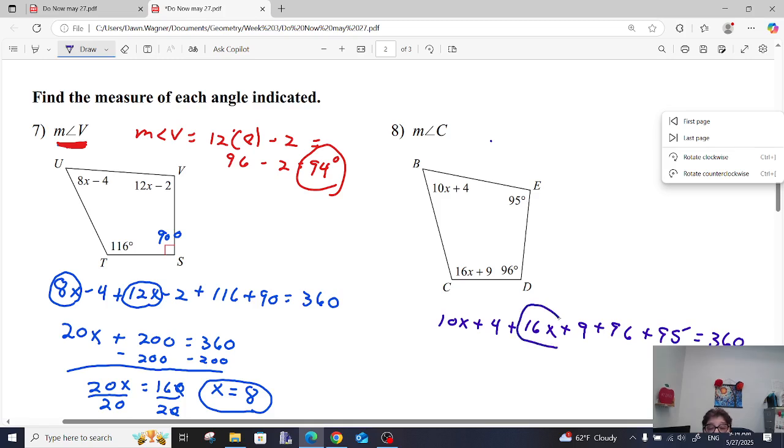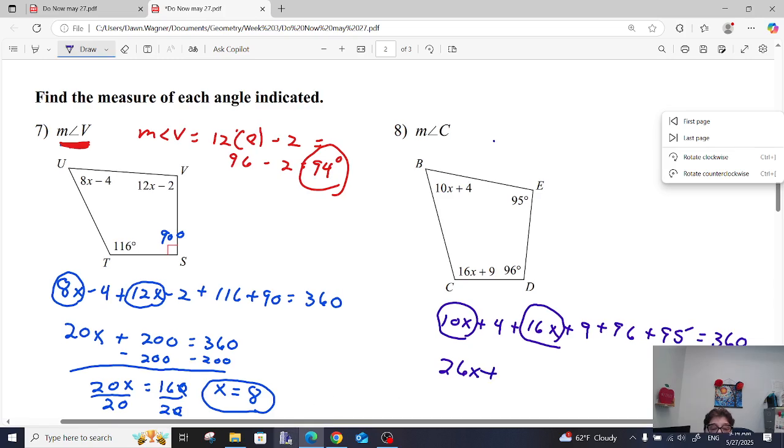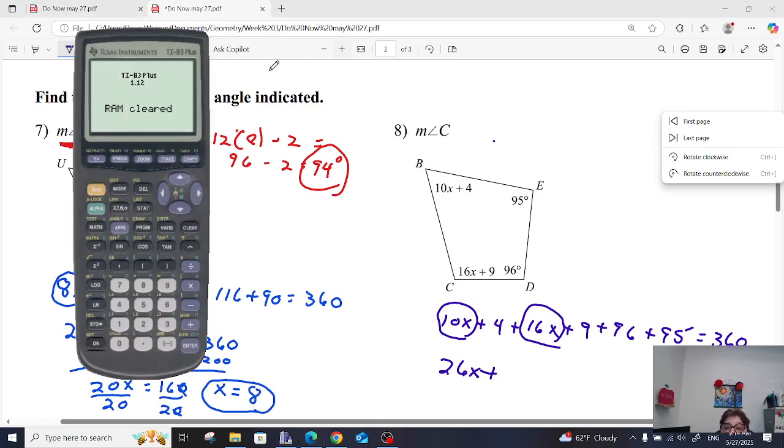So 16x and 10x is 26x. And now I'm going to add all of those numbers together. I have 4 plus 9 plus 96 plus 95. And that's 204.